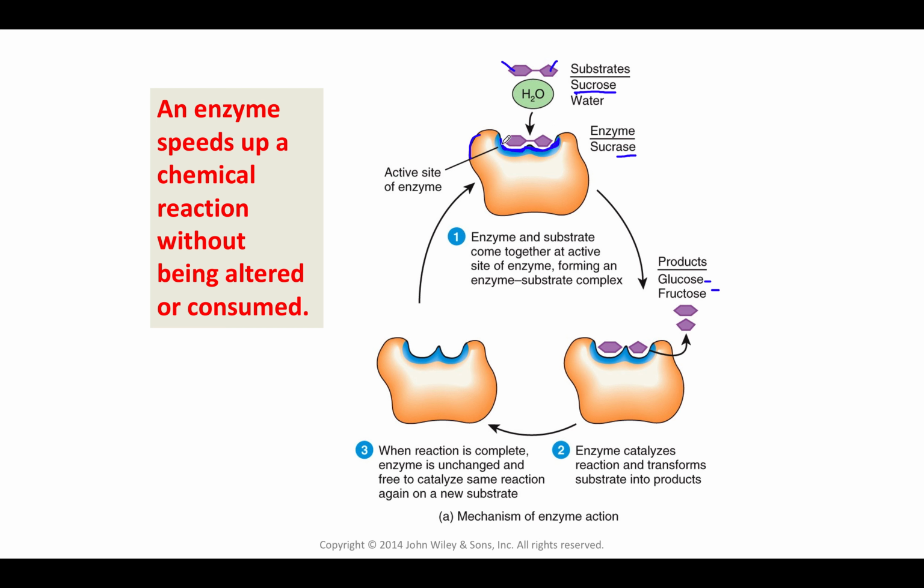It is made especially for the sucrose. Another disaccharide cannot come on this, or even if it comes, it doesn't fit here. That's what I mean. It is very specific. Its enzyme is made specifically for its substrate.